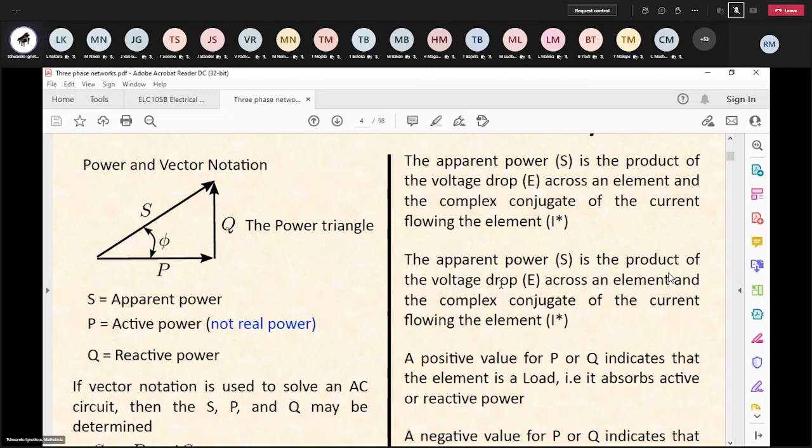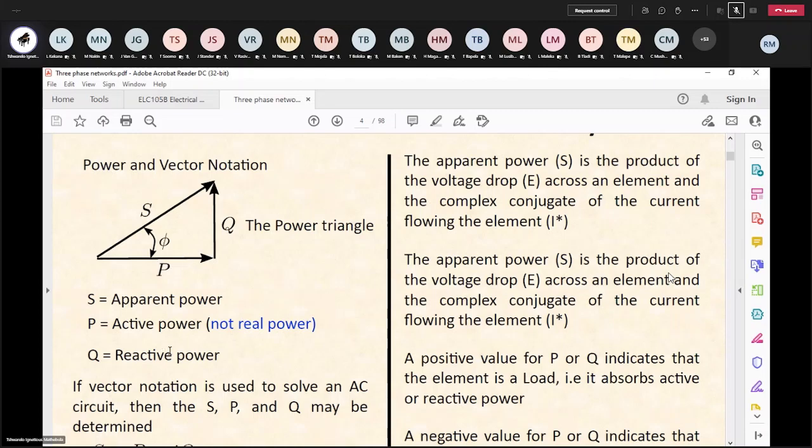When we dealt with DC networks, if you remember very well, we only dealt with one kind of power, that is active power, P. But once you bring about an AC network and you bring about other elements such as capacitors and inductors, we introduce what we call a power triangle, because we would have an active power which is represented by P, and it's measured in watts. This is the active power. That's what does the useful work.